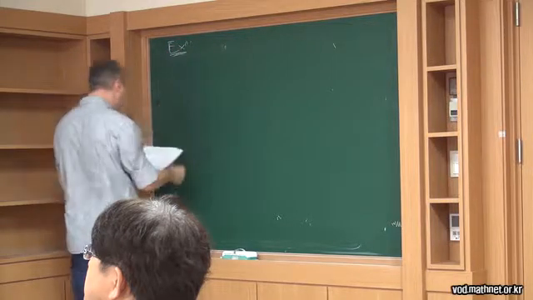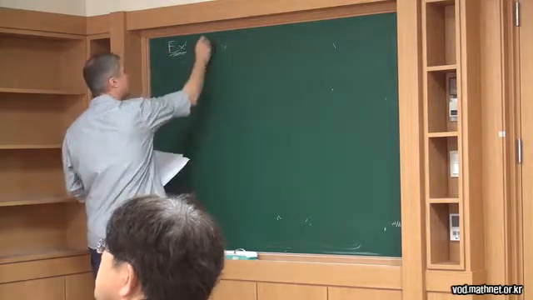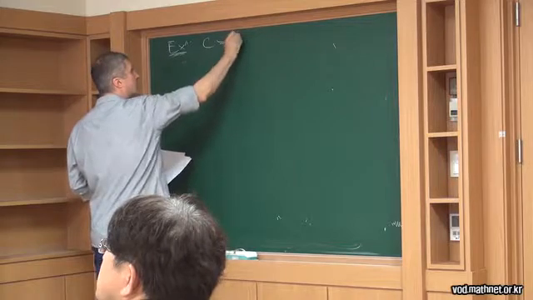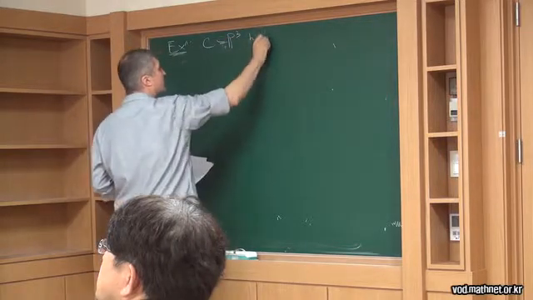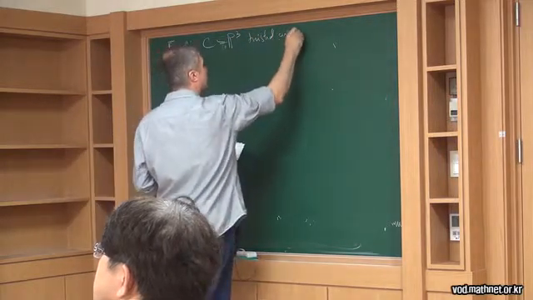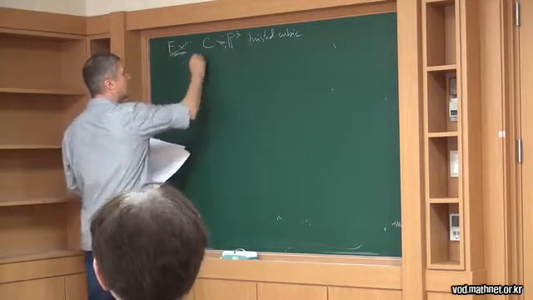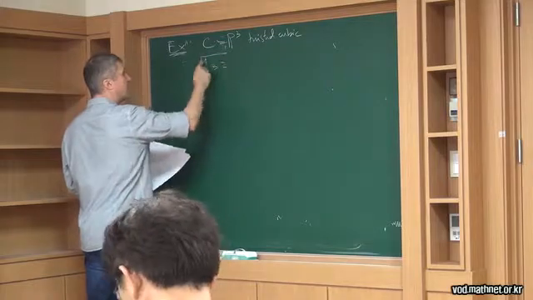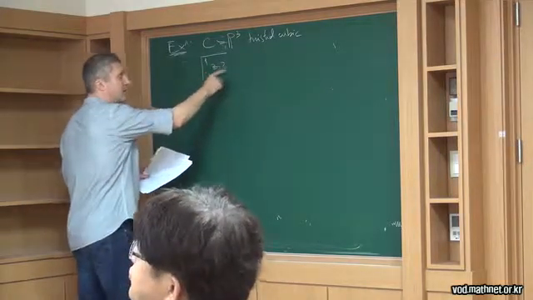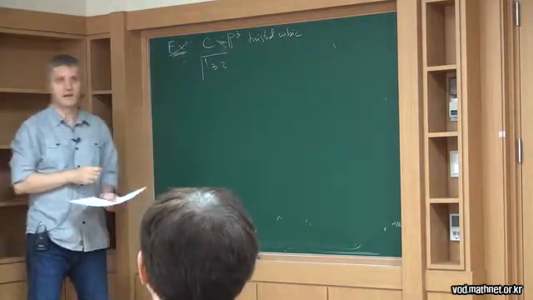The simplest example is a twisted cubic C in P3. Then the Betti table is 1, 3, 2. These are the three quadrics, and these are the two linear relations.